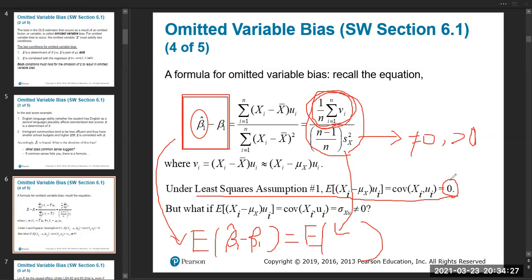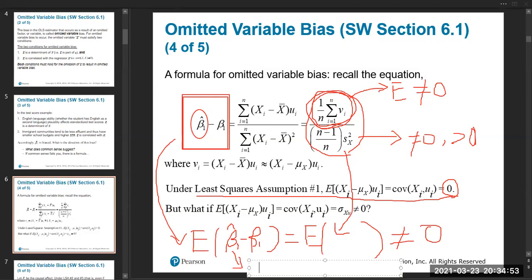We do not require you to prove it, but that's how we rationalize the mathematics. But if it doesn't equal 0, then this part's expectation doesn't equal 0, so that means our beta 1 hat is biased.